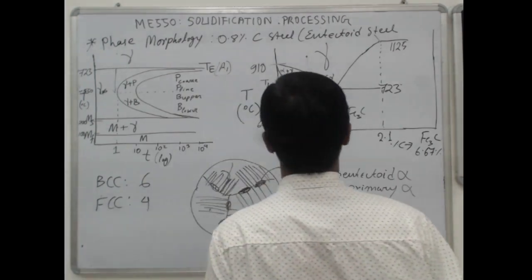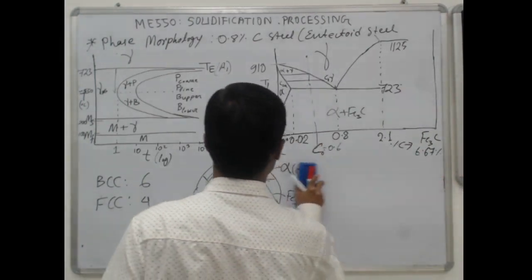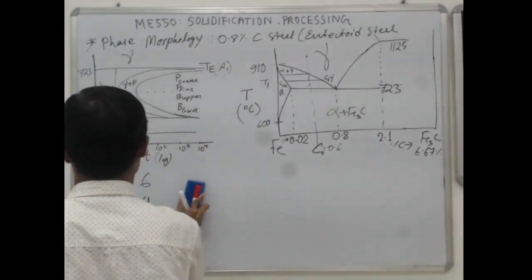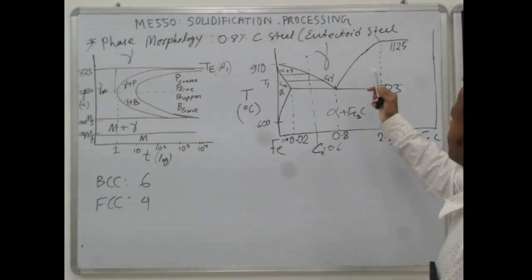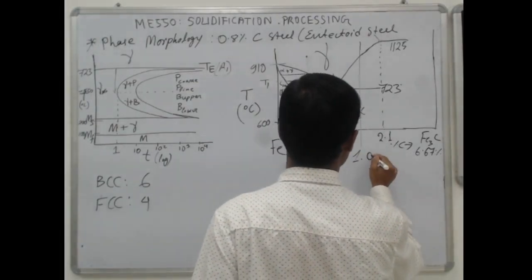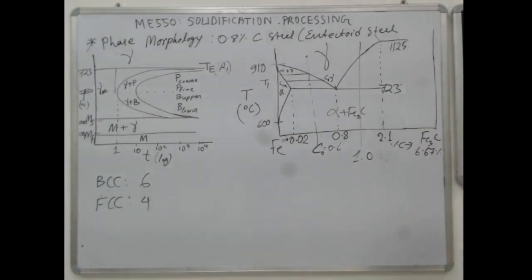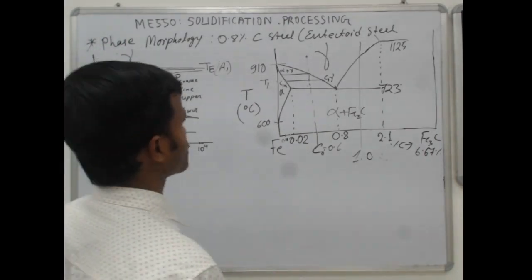So now suppose you have an alloy with this composition, say 1% of carbon. So what kind of microstructure will you get? In this case, what will happen?